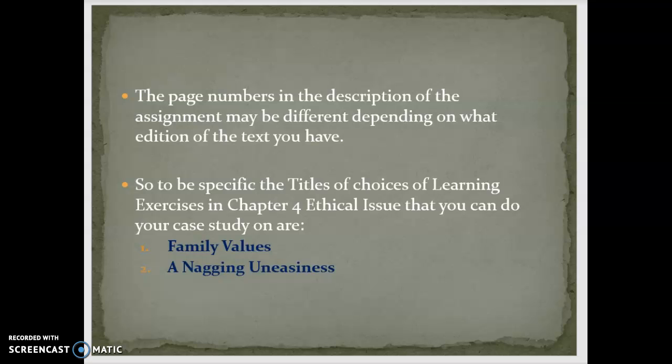So your assignment is going to be evaluating a case study. Now it says this is a case study that's in the textbook, chapter 4, and it is the Marquis and Houston textbook. So depending on what it might say in Canvas versus what it might say in the syllabus, the 2 titles of the case studies that you can choose from are one called Family Values and one called A Nagging Uneasiness.